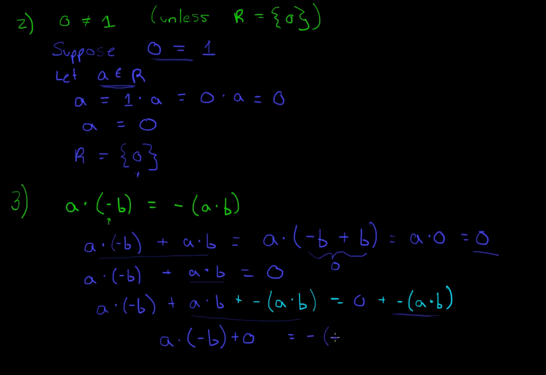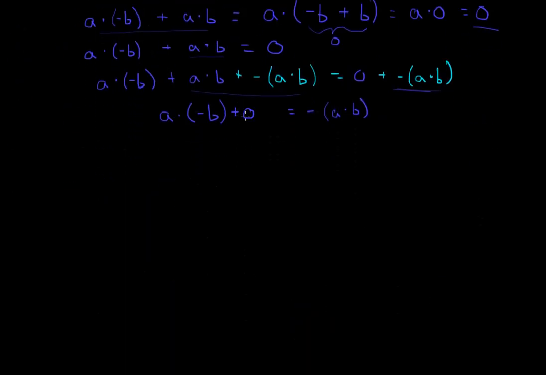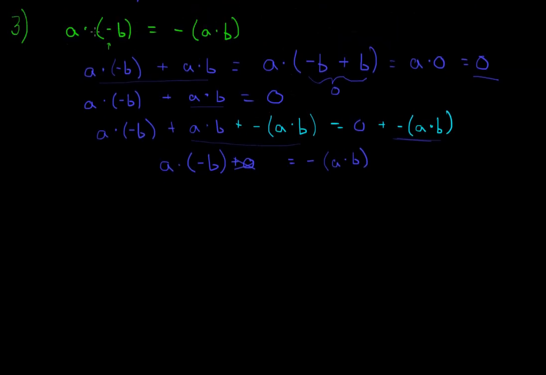Negative a times b. And again, this is the additive identity, so adding it doesn't really do anything. We can just get rid of that. So we're left with what we wanted. We wanted a times negative b. A times negative b is equal to negative a times b.